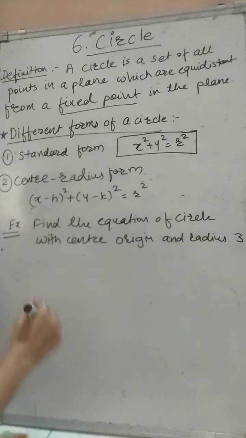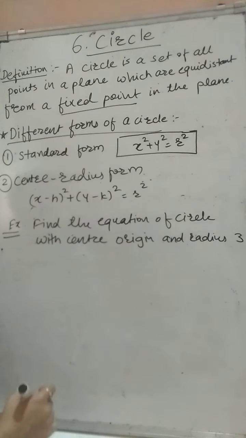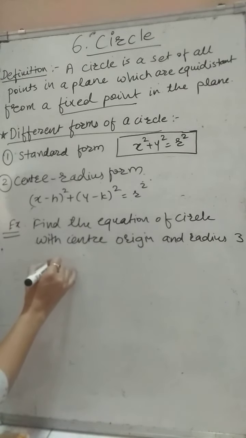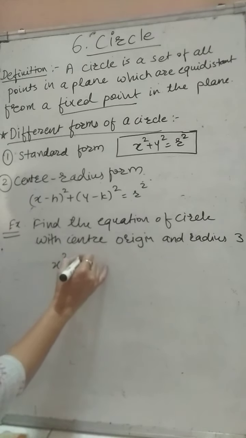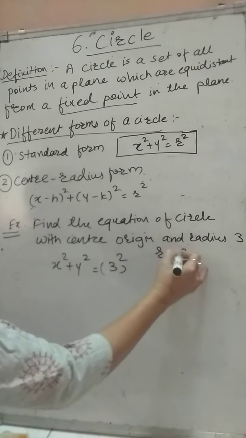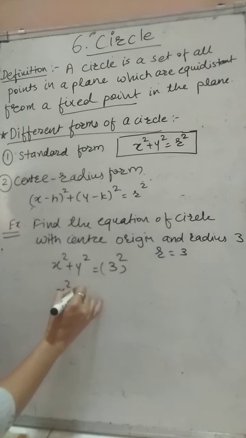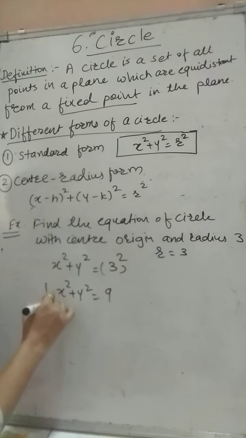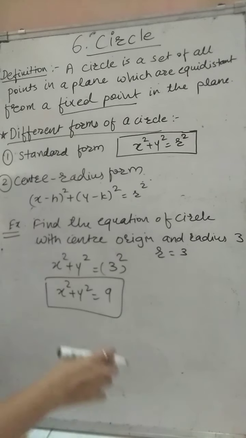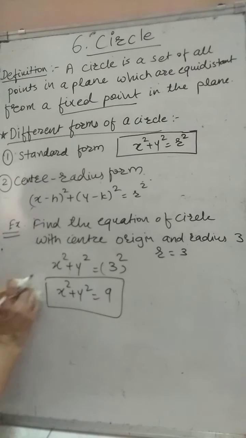What is the standard form? x square plus y square equal to r square. The center is the origin, and r is 3. So substitute r as 3: x square plus y square equal to 3 square. This is the simple way to solve the example. Just substitute the value of r, the radius, and we get the equation of circle. One more example we solve here, depending on another form, the center radius form.